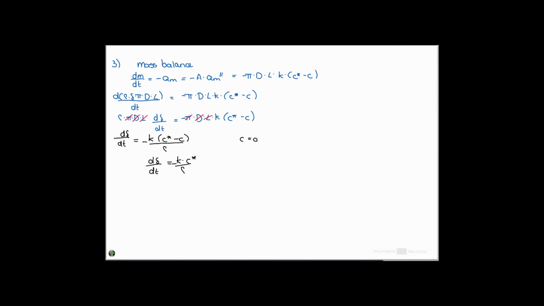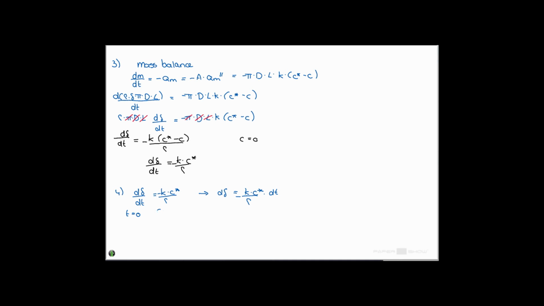For the fourth question, you have to use this equation because we have to calculate how long it takes for the layer to dissolve. So we take the equation of question 3 and we look at the specifications. At t is 0, the thickness is 0.002 meters.